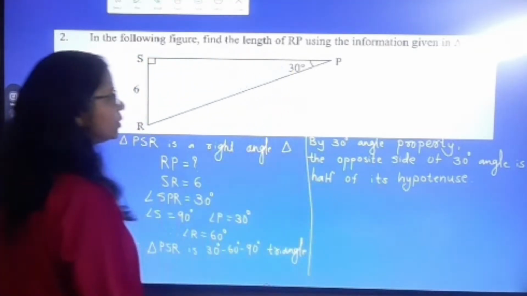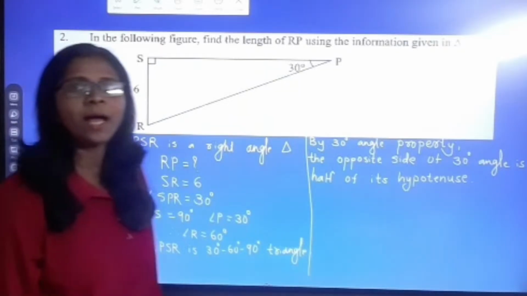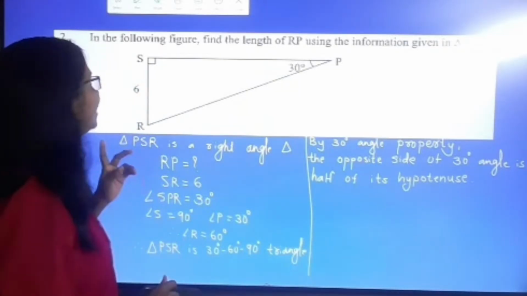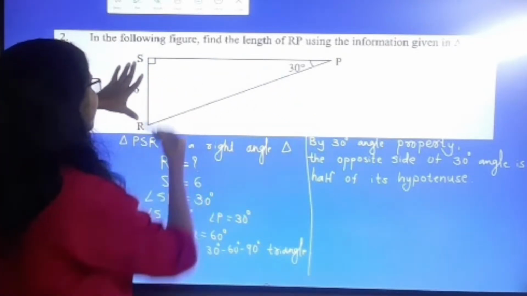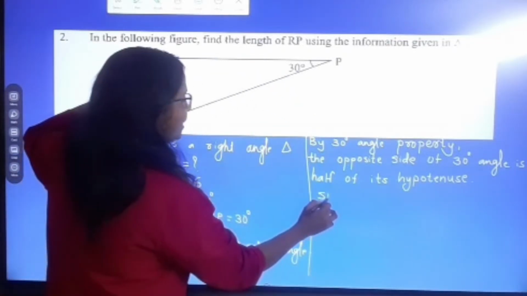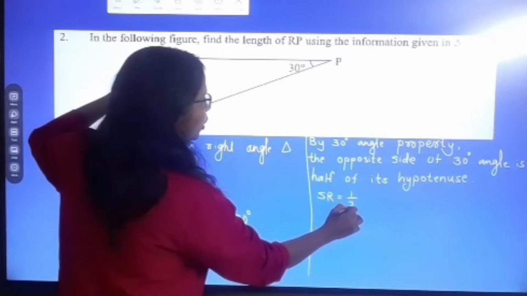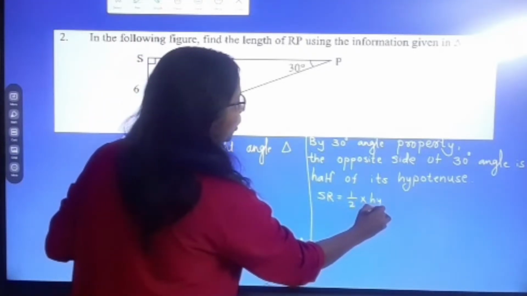And that means, students, we form the formula: the side opposite the 30 degrees, that will be SR. So SR is equal to 1 upon 2 multiplied by the hypotenuse.